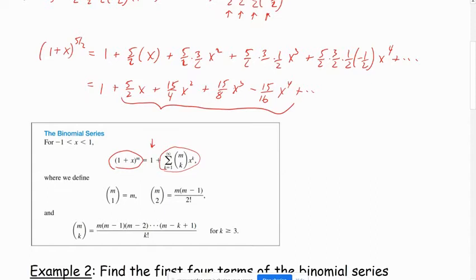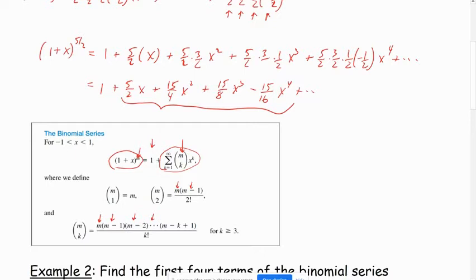In this notation, m choose 1 is just m. M choose 2 is m times one number less than that. For any number bigger than 2, it follows that same pattern. Our exponent is m, so m minus 1, m minus 2, m minus 3, and so on.